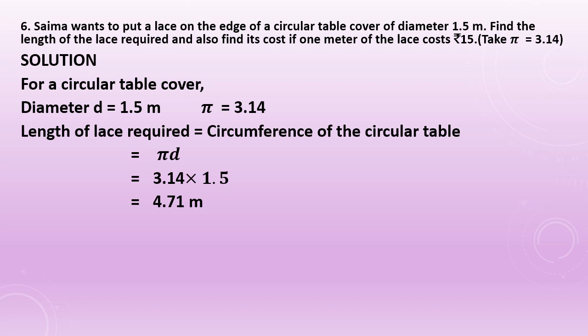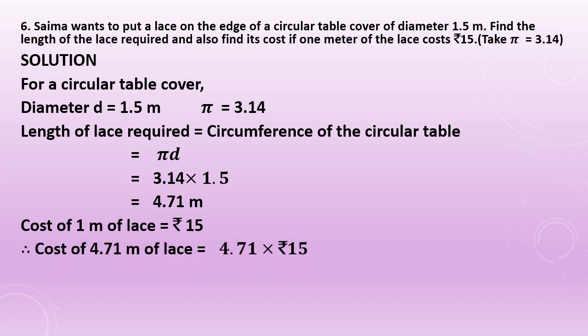Now we can find the cost of the lace required. Here it is given the cost of 1 meter of lace equals rupees 15. Therefore the cost of, we have total 4.71 meter, so the cost of 4.71 meter of lace equals 4.71 multiplied by rupees 15.